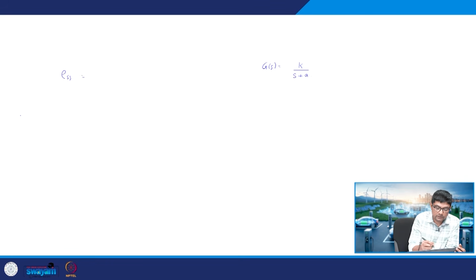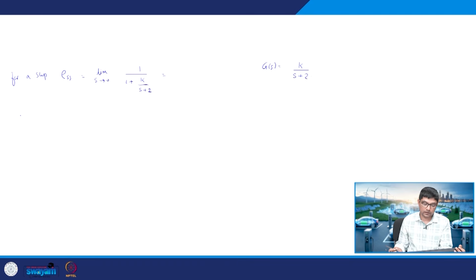Steady state error for a step is limit s going to 0 of 1 over 1 plus g of s, that is k over s plus a. Let me say a equal to 2, just for simplicity. So this will be s plus 2 over s plus 2 plus k, limit s going to 0. So this will be 2 over 2 plus k.